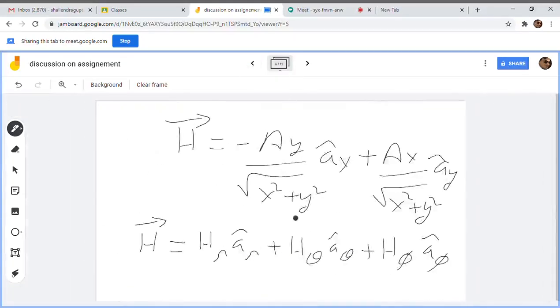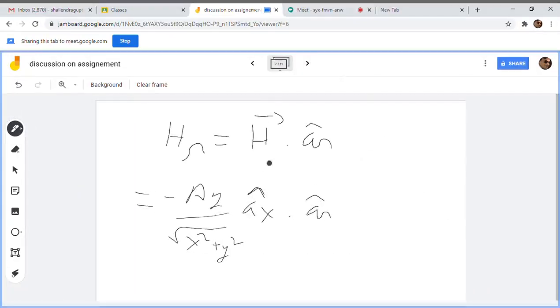Okay. So mind you, there are two parts in your H. There is the AX direction and there is the AY direction. Till now, while finding HR, we have done only the AX part. So the AY part is remaining. So what I want to say is that this is equal to plus A by x square plus y square whole square, and this will be AY.